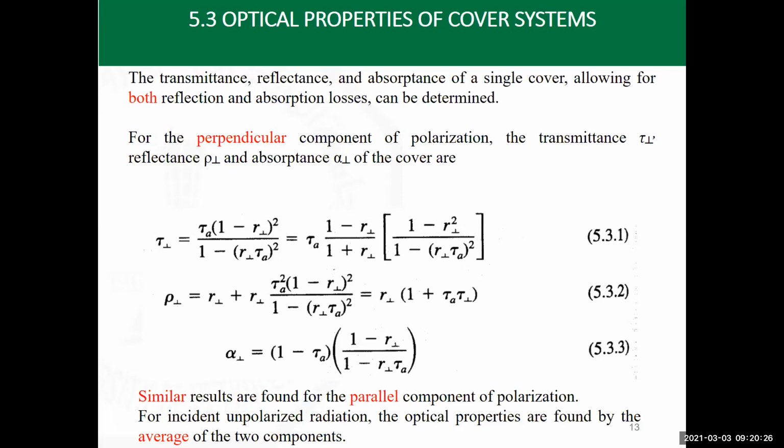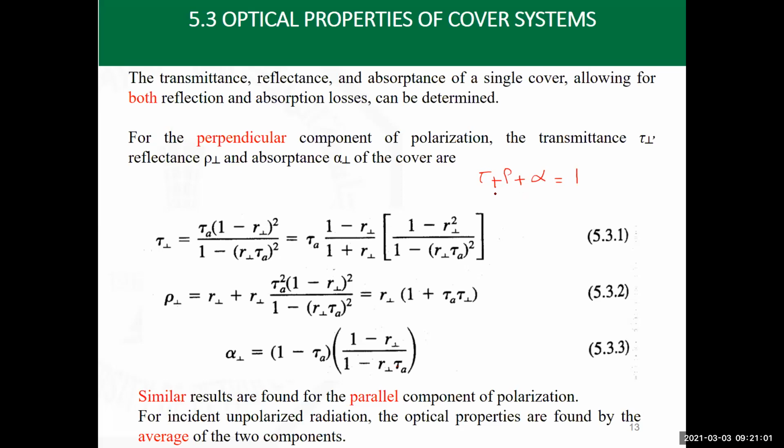You might remember the relations that we talked about in physics as well as radiation heat transfer: the energy falling on the surface is divided, with part of it being absorbed, part being transmitted, and part being reflected. So the combination of the three properties is tau plus rho plus alpha, and this combination is equal to 1.